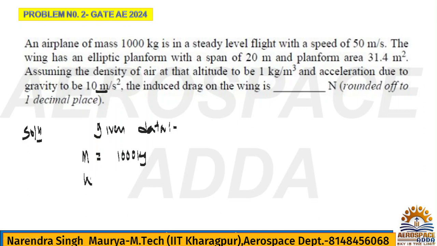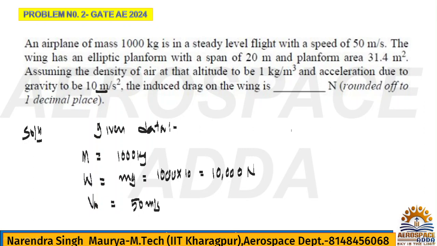So you just find out the weight, because weight will be required. It is 1000 times 10, which is 10,000 Newton, right? Then the speed of the aircraft, they have given V infinity, it is 50 meters per second.